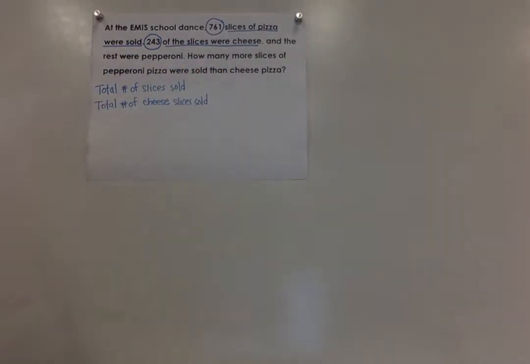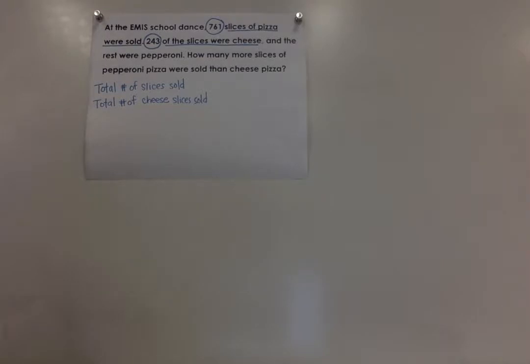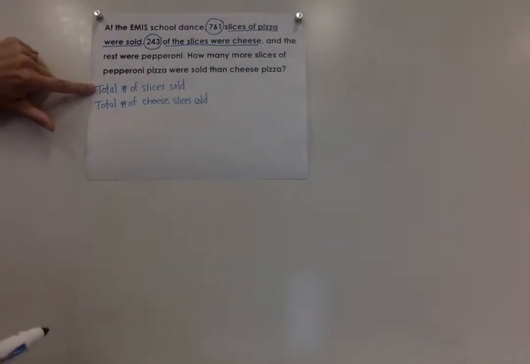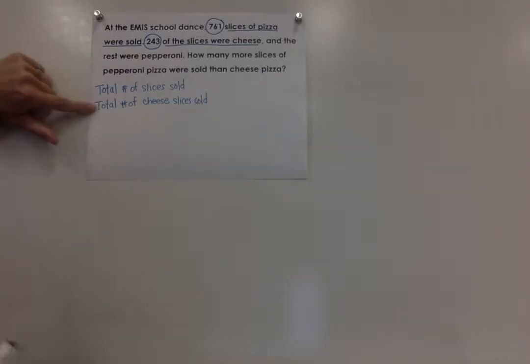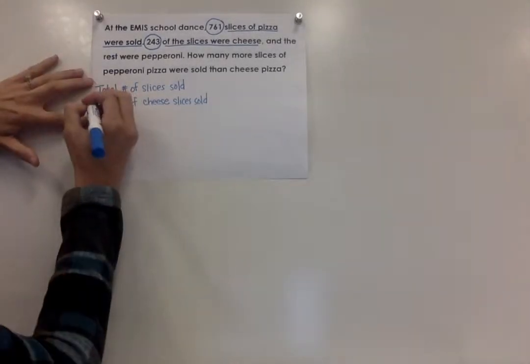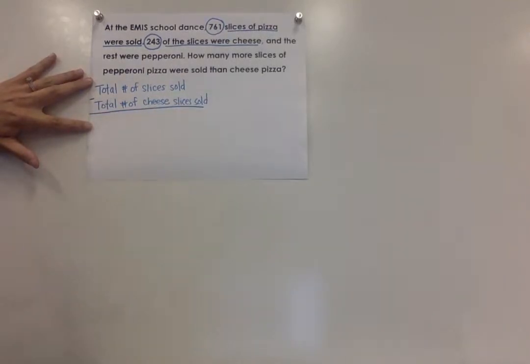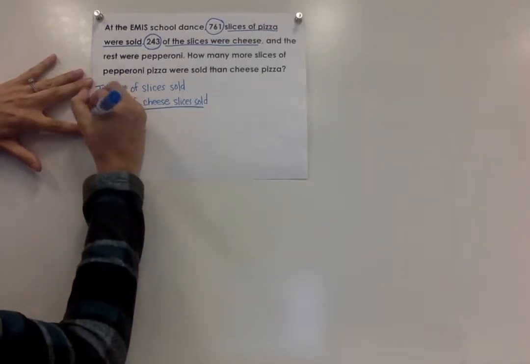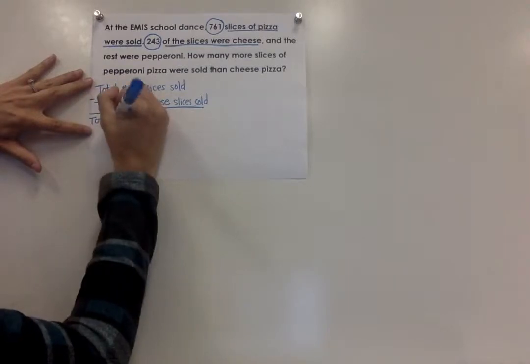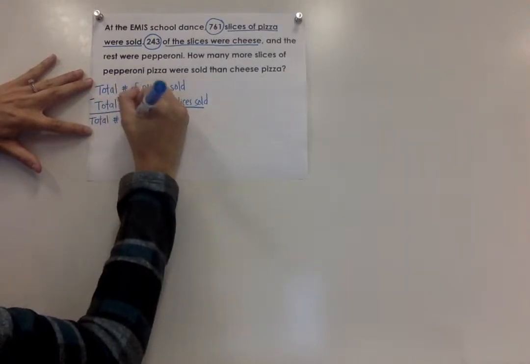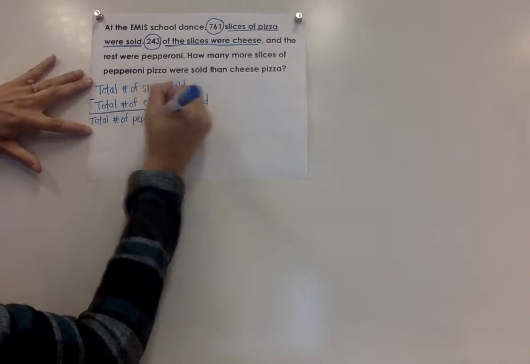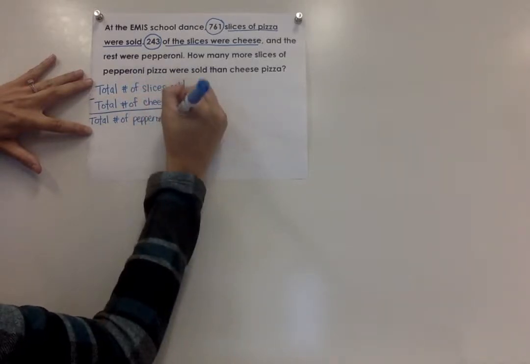So how are we going to figure out how many pepperoni slices were sold? Well, if we have the total number of slices and the total number of cheese slices, we need to subtract these two. When we subtract these two, we will get the total number of pepperoni slices sold.